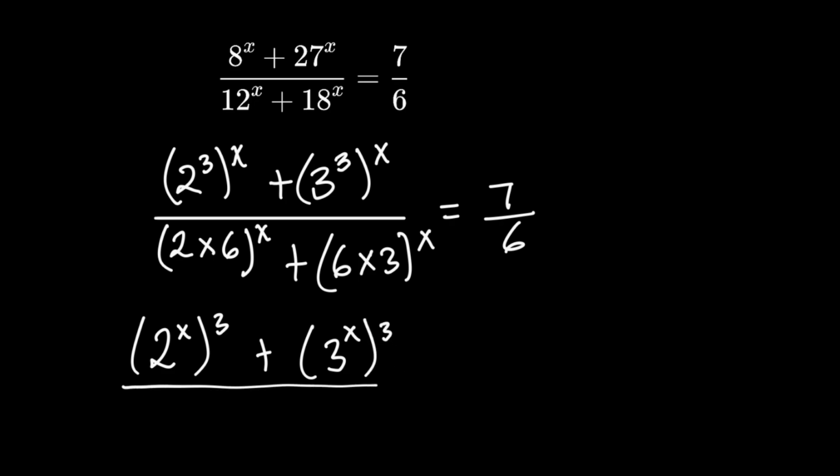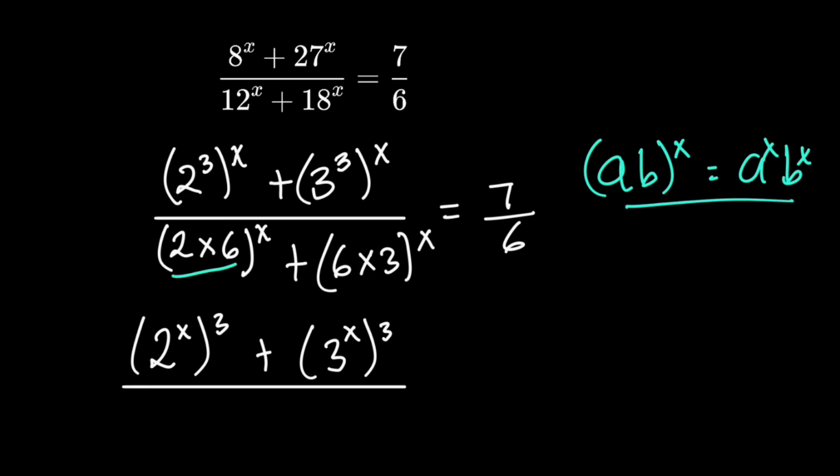Cool. Then all divided by the denominator side, we can also distribute the power, all right? Because if we have something like, let's just say, a times b, all to the power x, this means that we can have a to the power x times b to the power x. And this is the property that I'm going to apply right here.